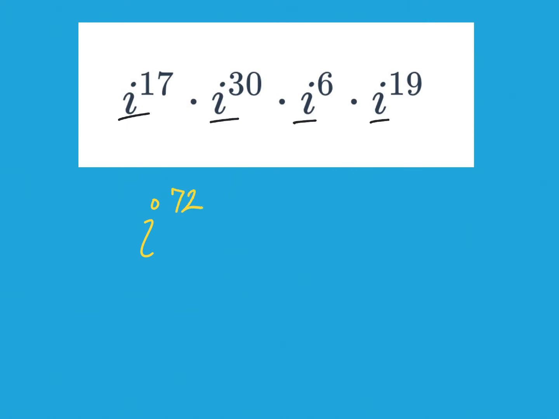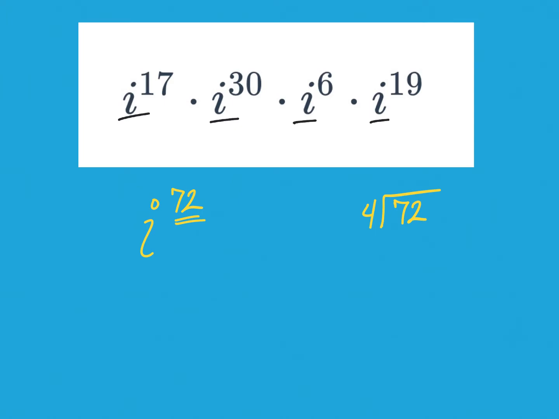Now if you remember, the i's are in the cycle like we talked about. I personally like to do it this way. If it's an even number, that means there will not be any i's left. So we have two questions. Is it an odd number? The answer is no, so we will not have an i left. And the next question is, is 72 divisible by 4, or is it just an even number?